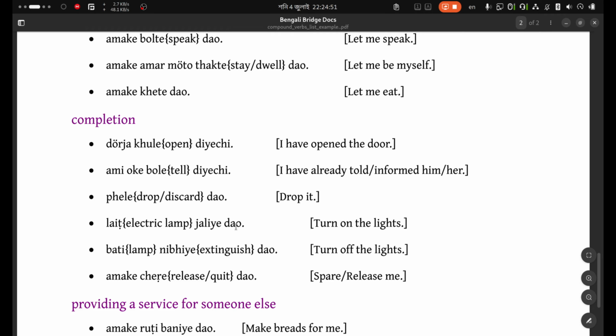If there are two lights, turn on both the bulbs or make the light sufficient. The focus or the emphasis is on the completion of the job. It basically means the same thing but adds an extra emphasis on the completion of the job.